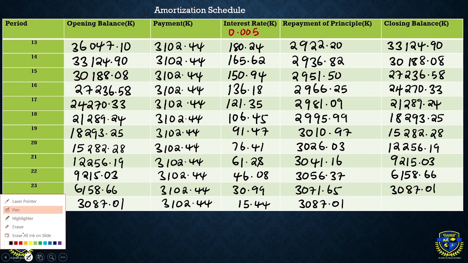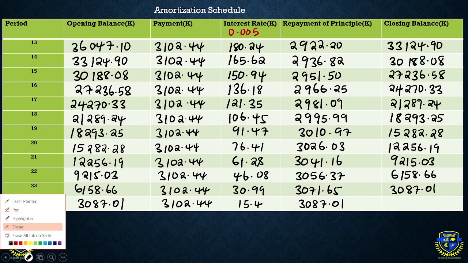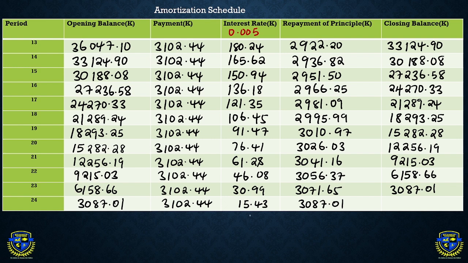Okay, so this one I think should be 15.43. Subtracting it from 3,102.44 should be able to give us 3,087.01. Subtracting it from the opening balance, it should be able to give us a 0.00.